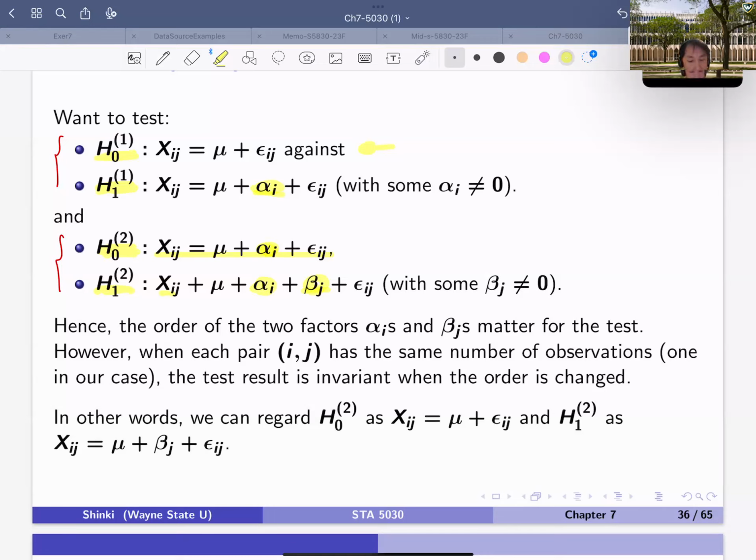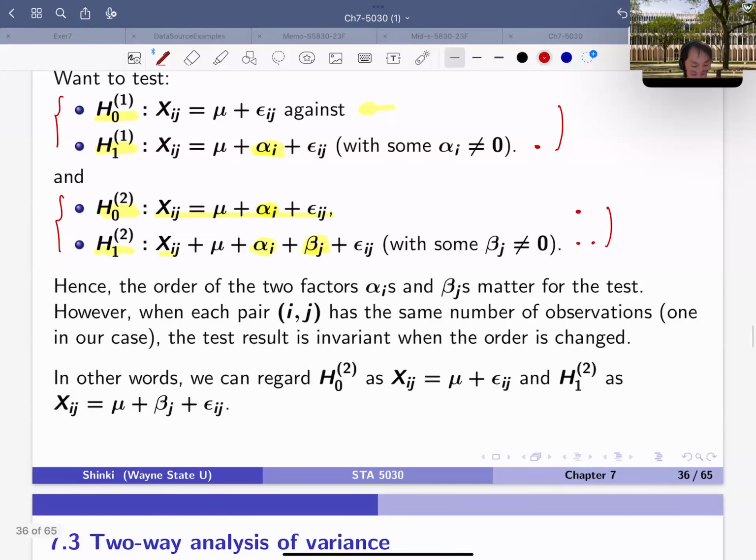So the test is sequential. The first test is the null model against the model with alpha_i, but the second test is the model with alpha_i against the model with alpha_i and beta_j. So this is a sequential test.